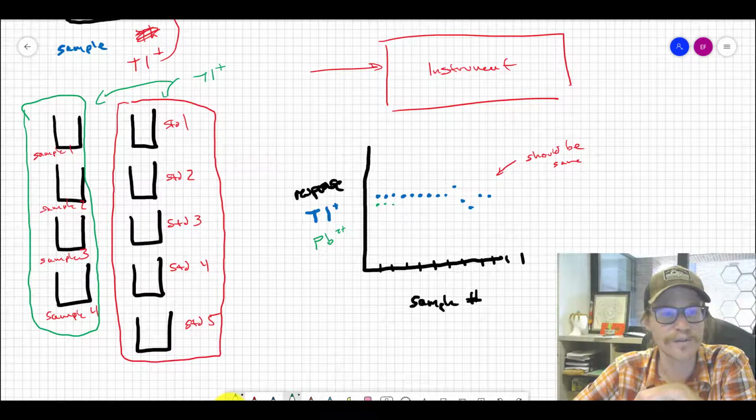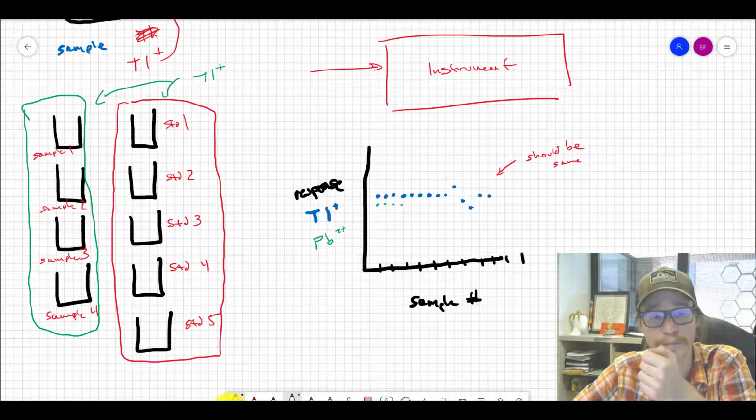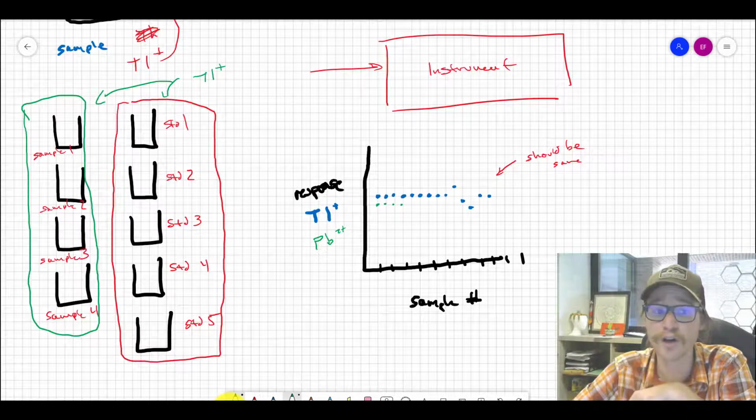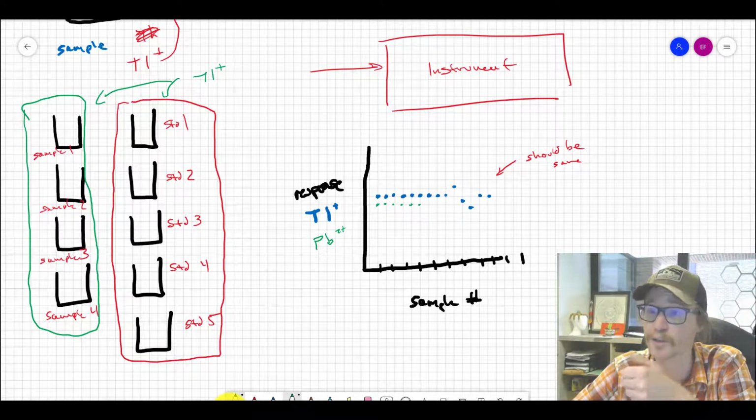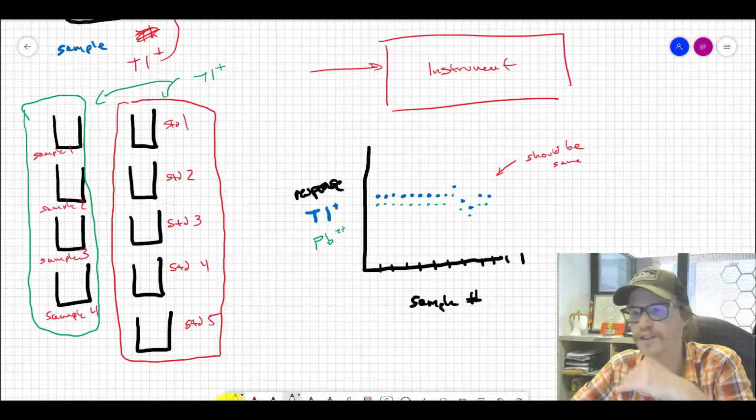So if the thallium was unchanged, the lead, if you chose the right internal standard that was chemically and physically similar to your analyte, it should also then behave similarly if the instrument drifts or if the matrix changes. Those intensities should track pretty well, and you start to see the same sort of response changes.